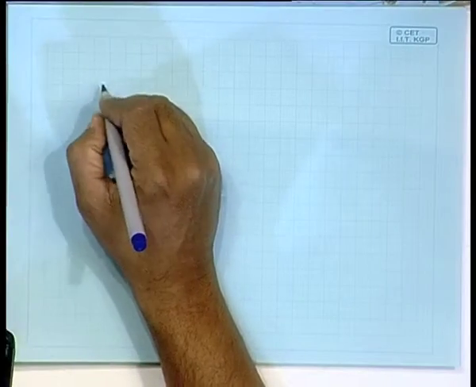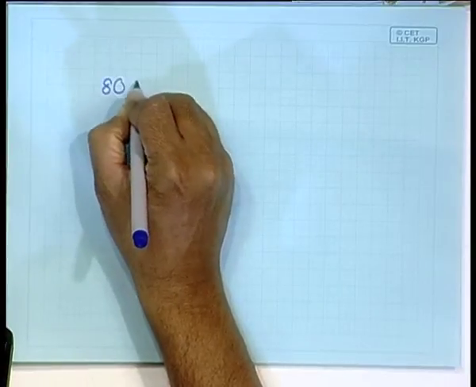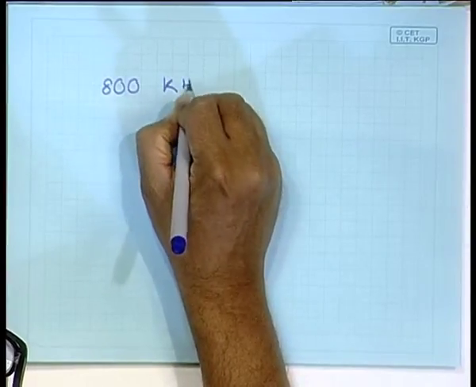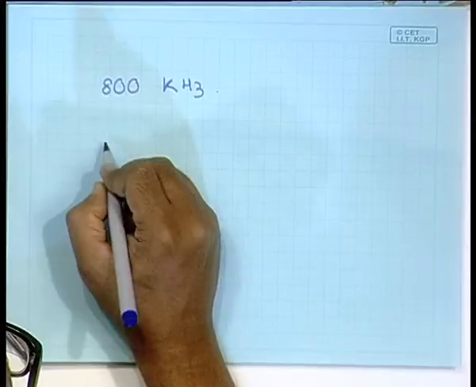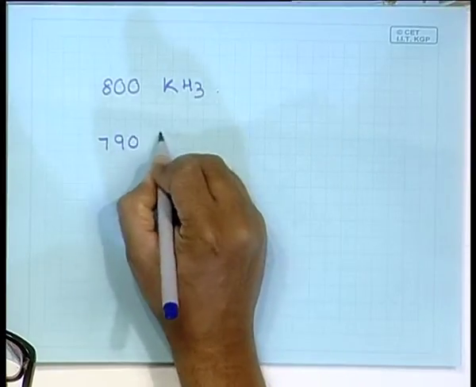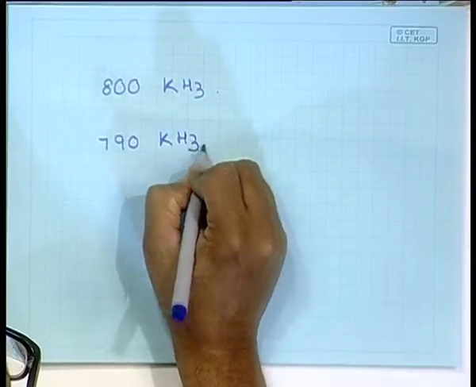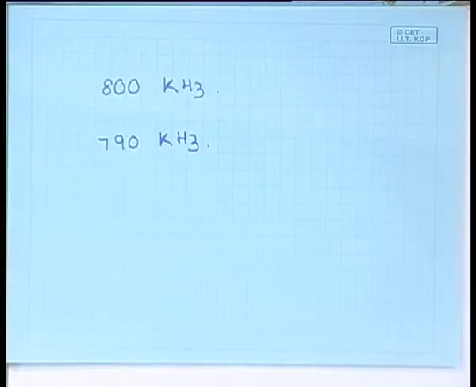Consider another situation where I have one transmitter working at 800 kilohertz, another transmitter working at 790 kilohertz. Now, the sidebands of these two transmitters are going to overlap, and what you are going to receive then is going to be some kind of junk.